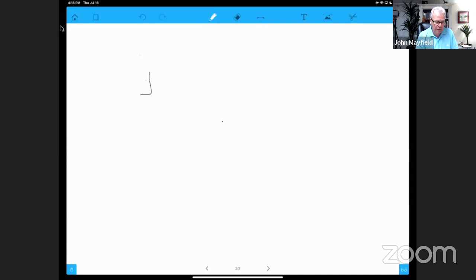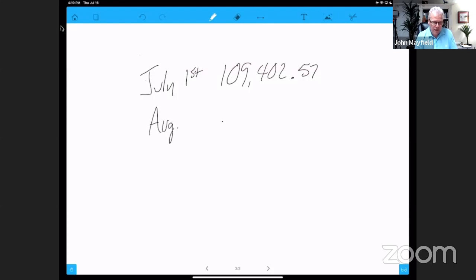And the payoff for July 1st is $109,402.57, and they're closing on their property on August the 5th. So you're going to have to figure out what's the payoff for August 5th. And it's not that challenging.